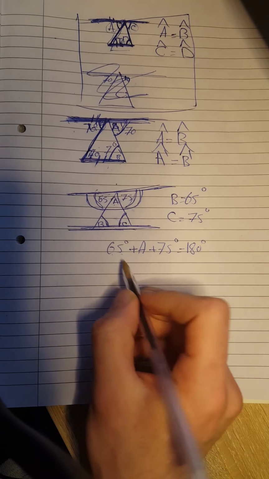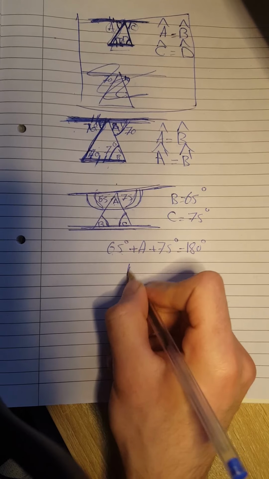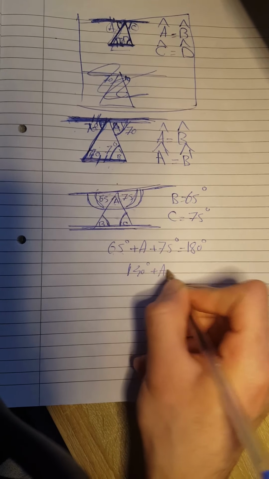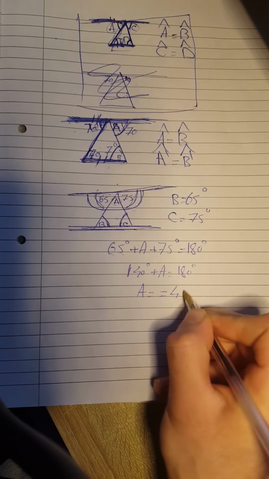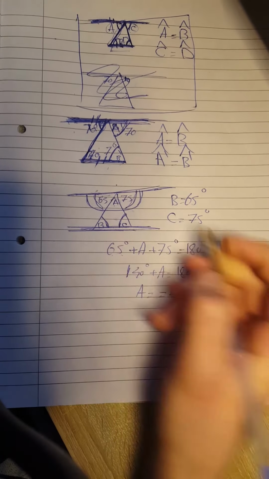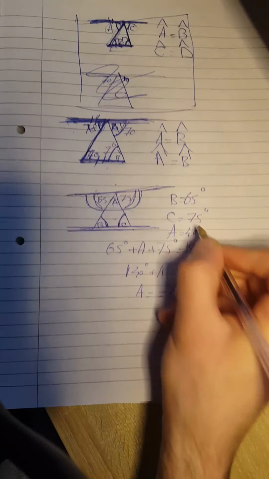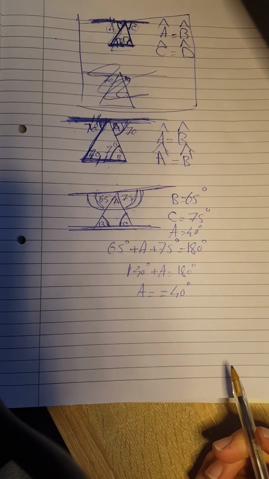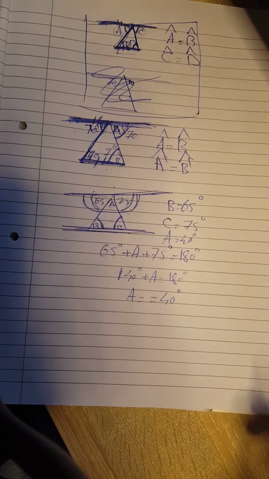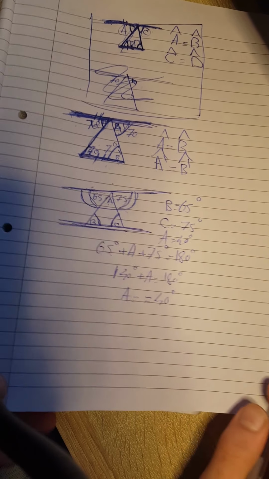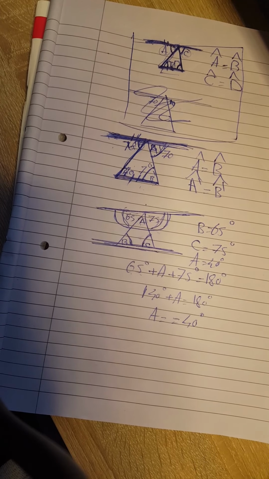I will add those together: 140 degrees plus A equals 180 degrees, and A equals 40 degrees. So A is 40 degrees. Guys, I know it's easy, but it's just an introduction to triangles and for future lessons.